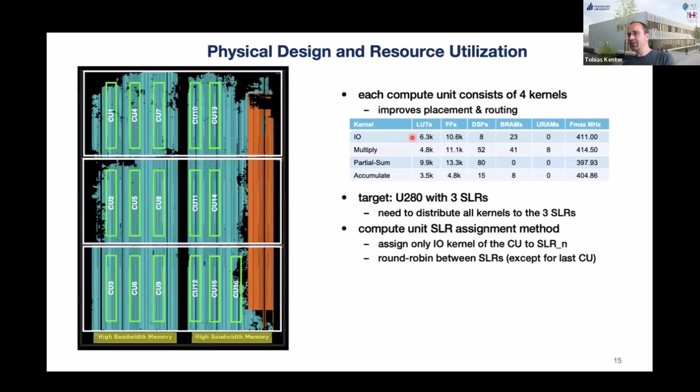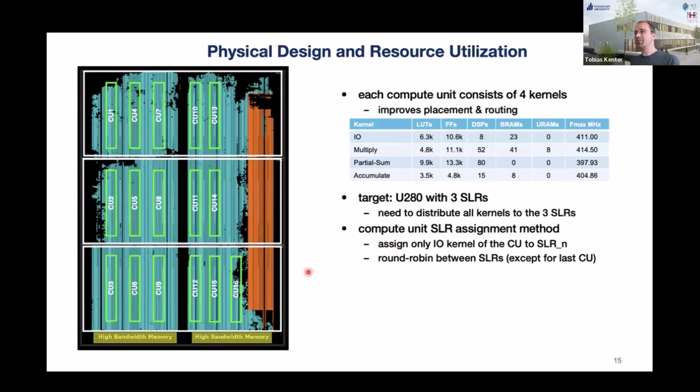In practice, we did this by assigning only the I/O kernels in round-robin fashion to the different SLRs. So we started in SLR 2 with compute unit 1, compute unit 2, compute unit 3, round robin going back up all the way, and then the final kernel was by random luck placed on SLR 0.